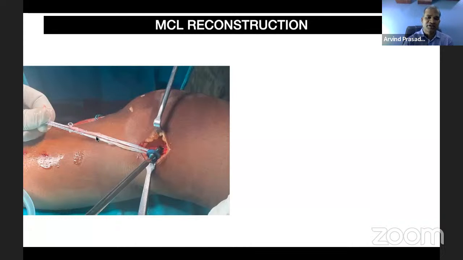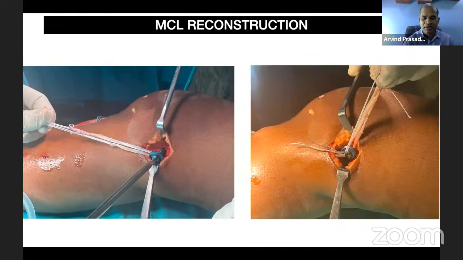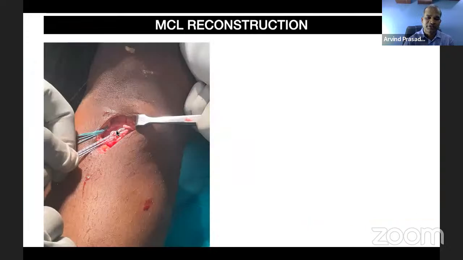So that is taken, rolled over the spike washer, and once this part is done, it's not completely tightened, then an artery is passed just below the pes, and then this gets railroaded over the tibial part.